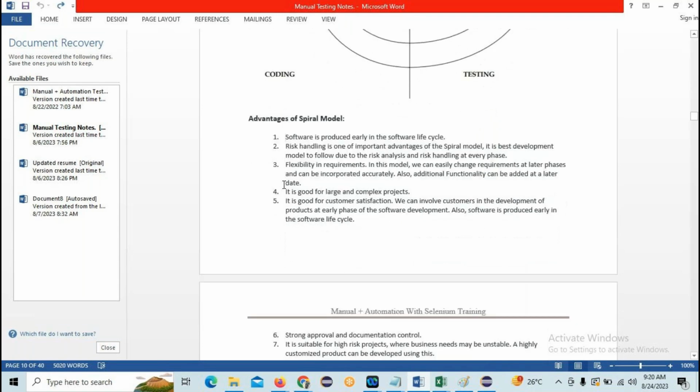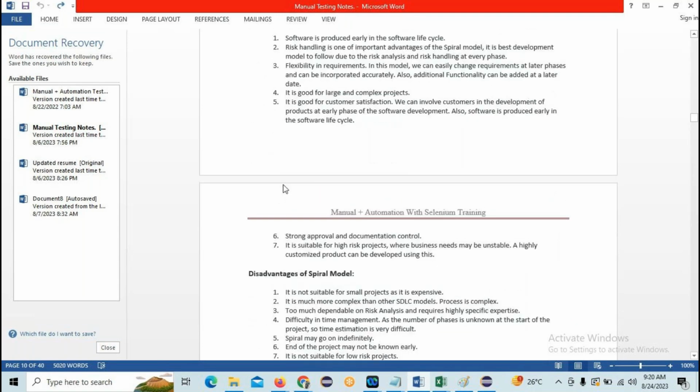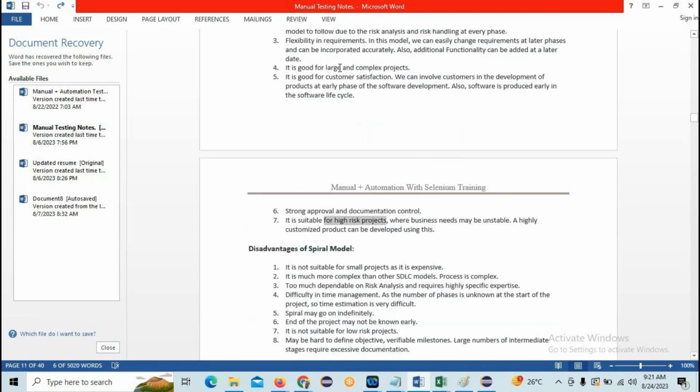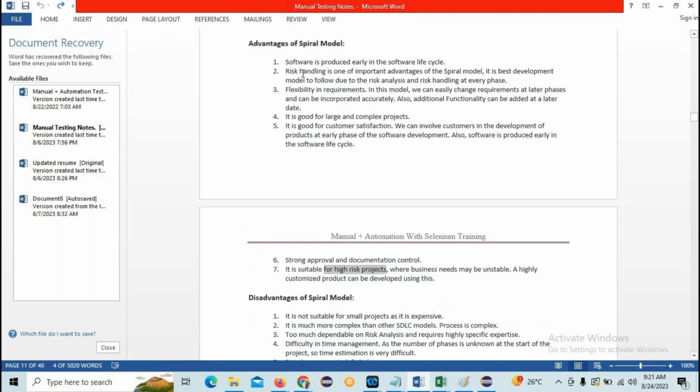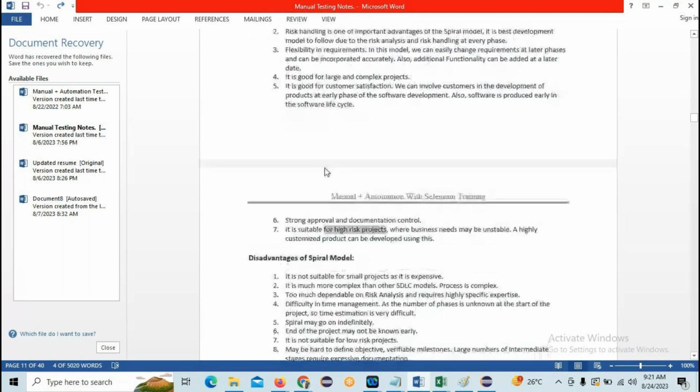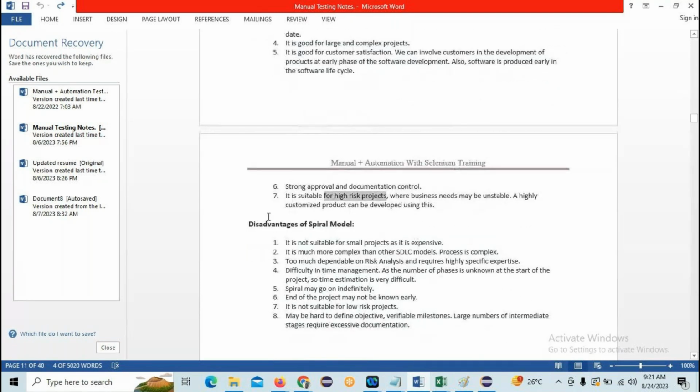Okay, don't worry. Strong approval and documentation control, and suitable for high risk projects because it is for risk handling, right? This model is used for risk handling. Here you can see the disadvantages of the spiral model. It is not suitable for small projects.